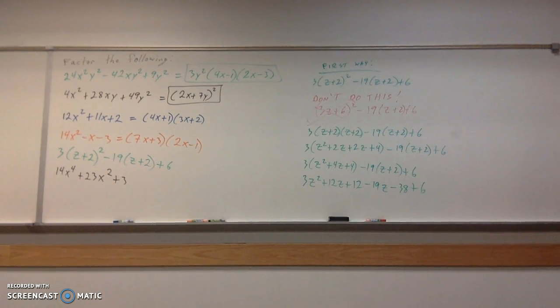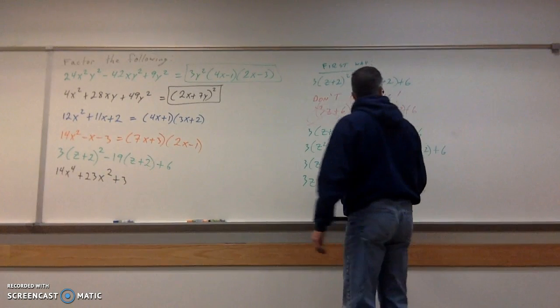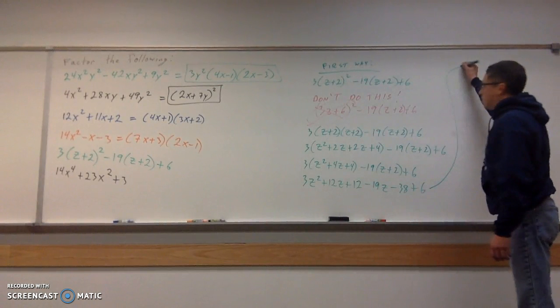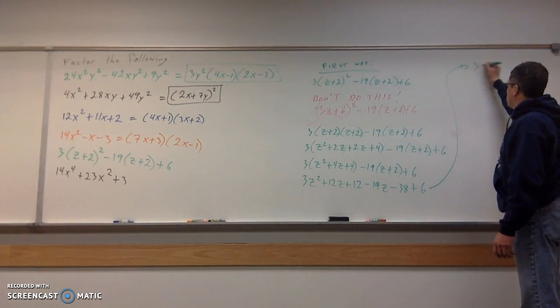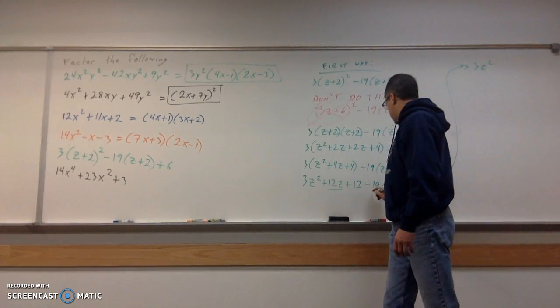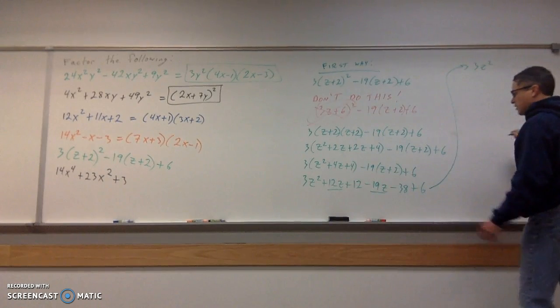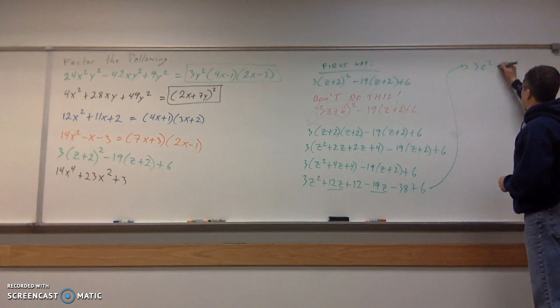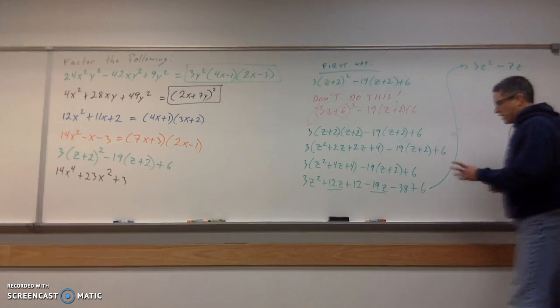Okay? Now at this point, what we're going to do is combine like terms. So I've got my 3z squared, and I've got 12z minus 19z, that's a negative 7z, right? Now let me do my constant terms.